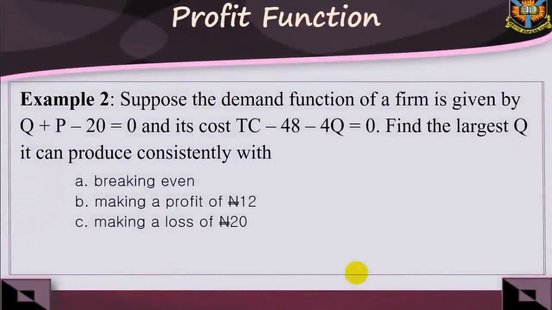Example 2. Suppose the demand function of a firm is given by Q plus P minus 20 equals 0 and its cost TC equals 48 plus 4Q. Find the largest Q it can produce consistently with A. breaking even, B. making a profit of 12 naira, C. making a loss of 20 naira.